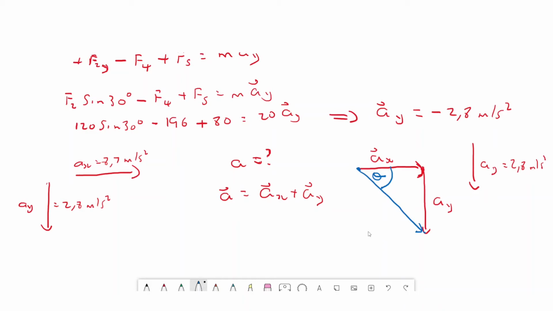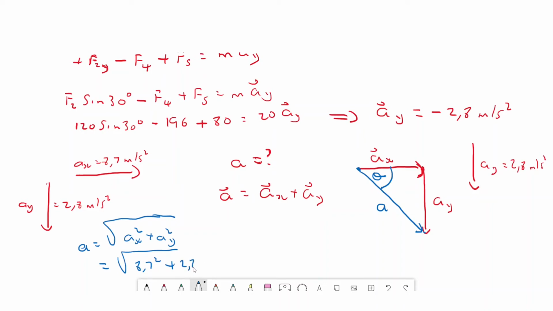Okay. So if I want the magnitude of A, the magnitude of A would be the square root of AX squared plus AY squared, because these are vectors. And then this is going to be the square root of 8.7 squared plus, now I know that this is negative, but you don't care about a negative because you're squaring it.